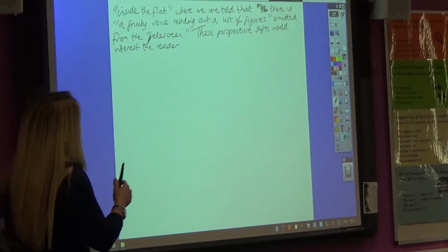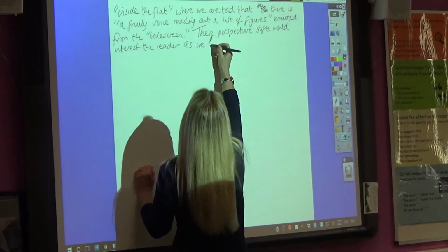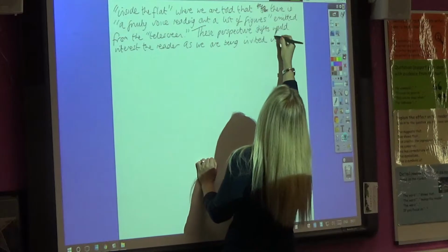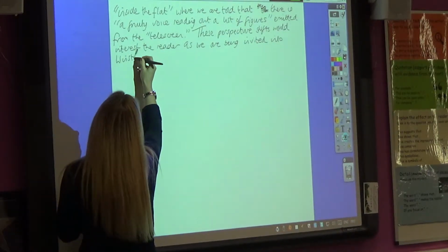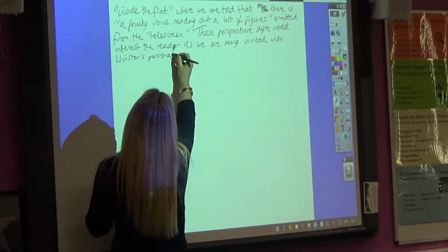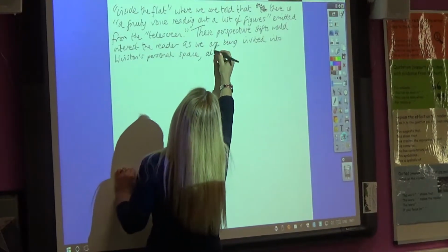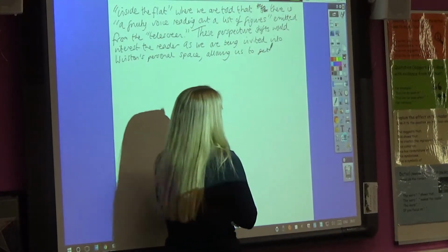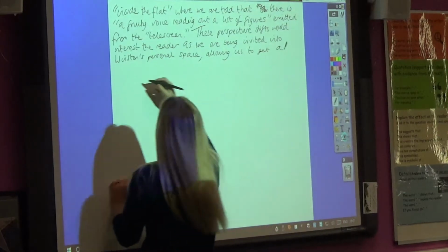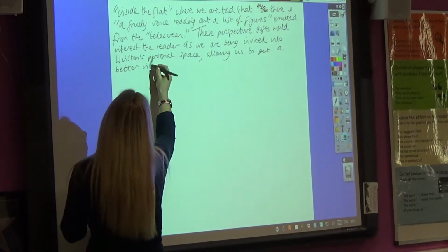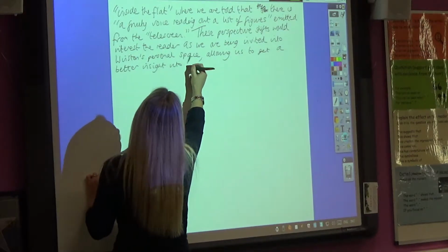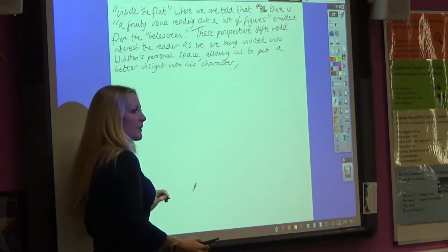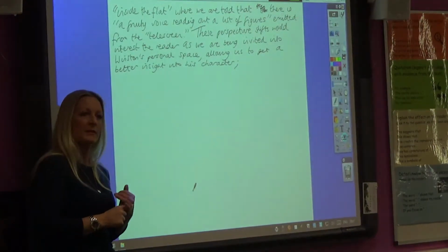So these perspective shifts would interest the reader as we are being invited into Winston's personal space, which is allowing us to get a better insight into his character. So what does the writer want us to form with Winston?